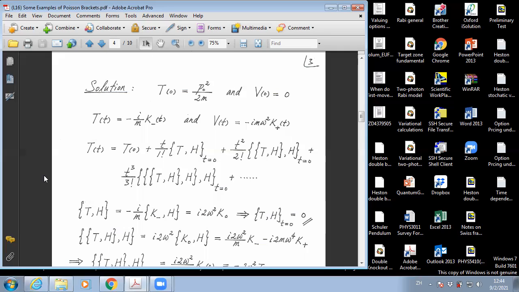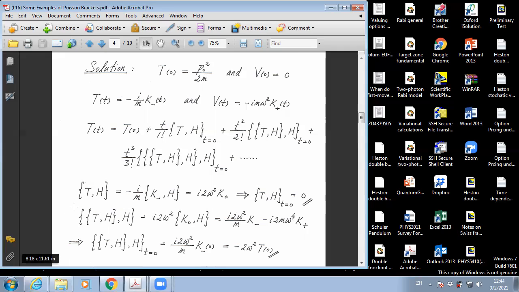Based upon the fundamental Poisson brackets between k plus, k minus, k naught. So the first Poisson bracket between T and h is proportional to the Poisson bracket between k minus and h. So we get I2 omega square k naught, all right?